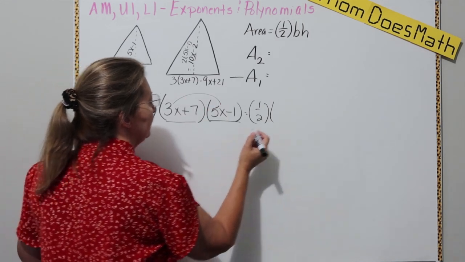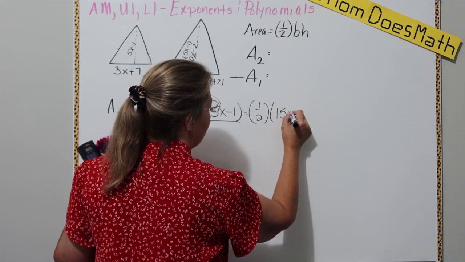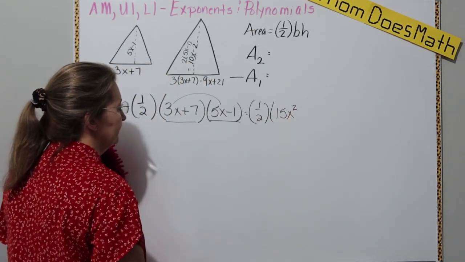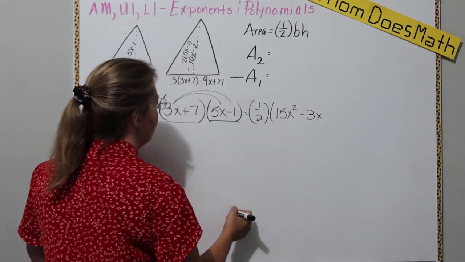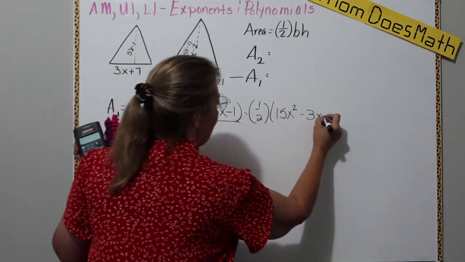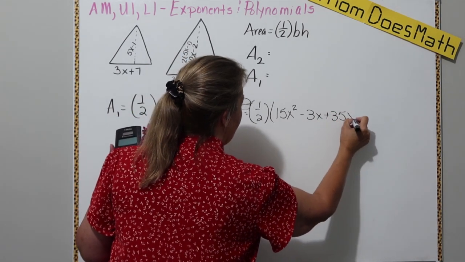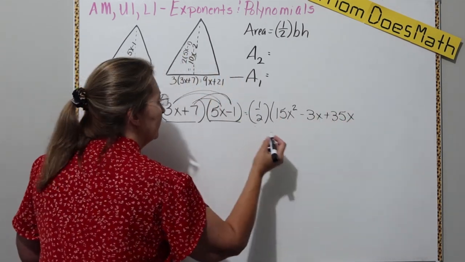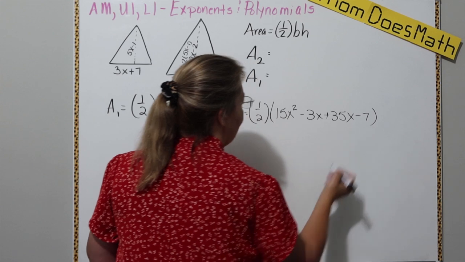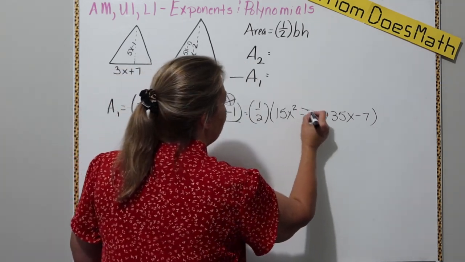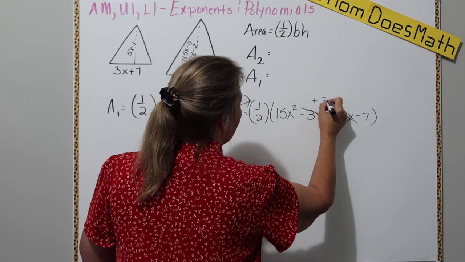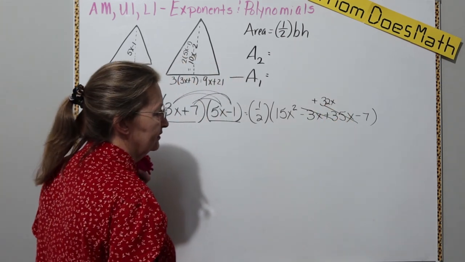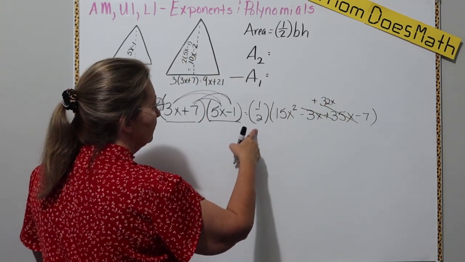3x times 5x is 15x squared. 3x times minus 1 is minus 3x. 7 times 5x is 35x. And 7 times negative 1 is minus 7. Now, a minus 3x and a plus 35x gives you a plus 32x. Now let's multiply through by the 1/2.